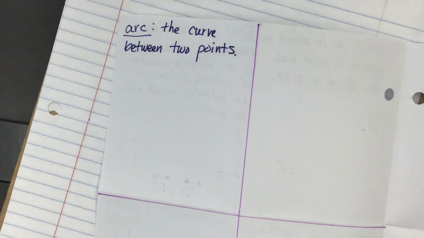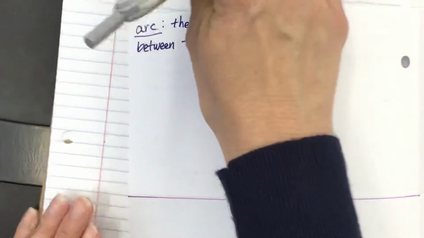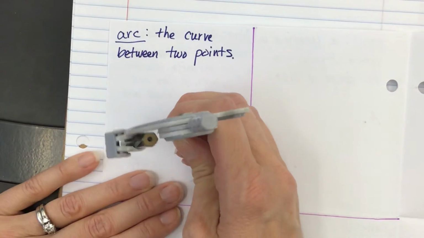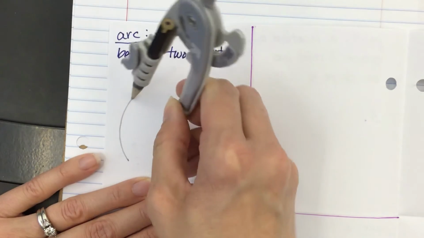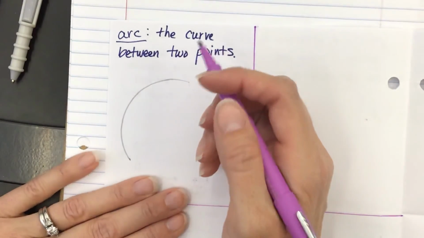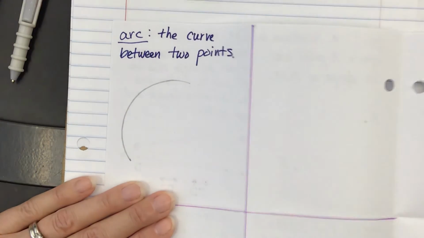Okay, so an arc is the curve between 2 points. So let me show you what this looks like. You're going to have to freehand it if you don't have a compass, which is fine. Okay. So it's basically like a part of a circle, but it has endpoints.